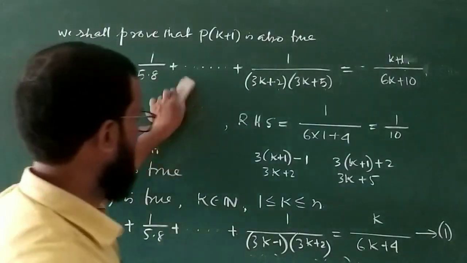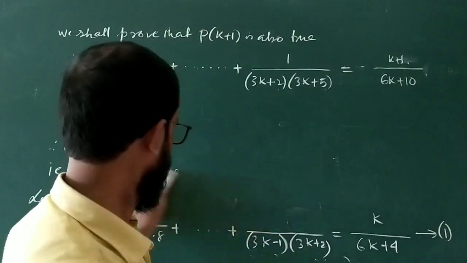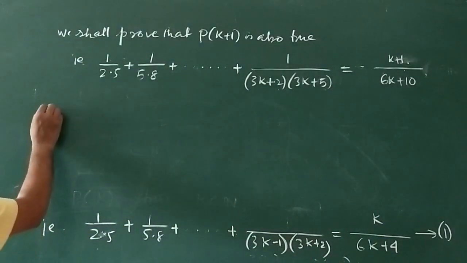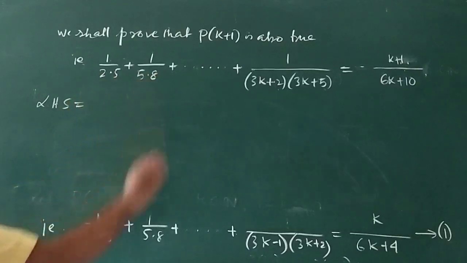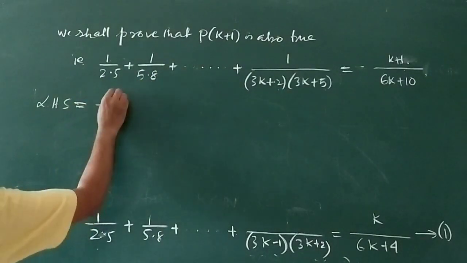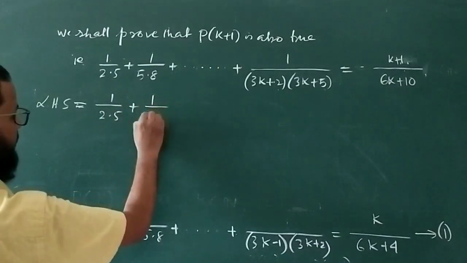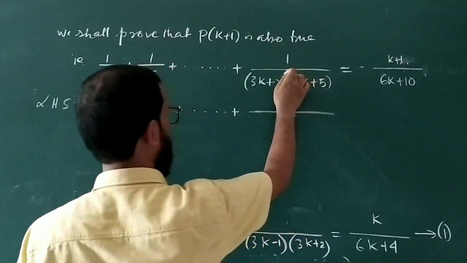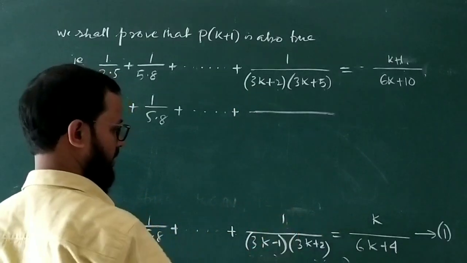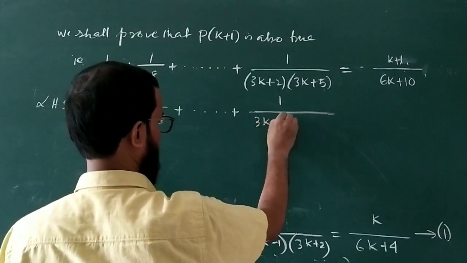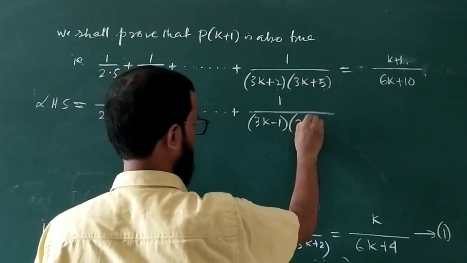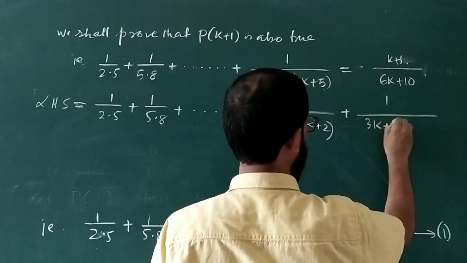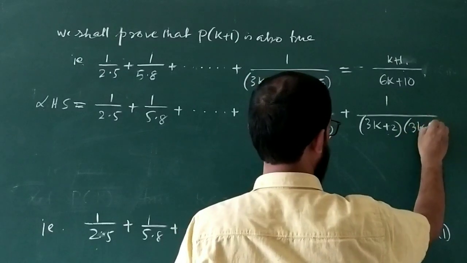Now take the left hand side of the particular expression. Left hand side is 1 by 2 into 5 plus 1 by 5 into 8 plus dot dot dot, and what is the previous term of the last term? It will be 1 by (3k minus 1) into (3k plus 2), plus 1 by (3k plus 2) into (3k plus 5).